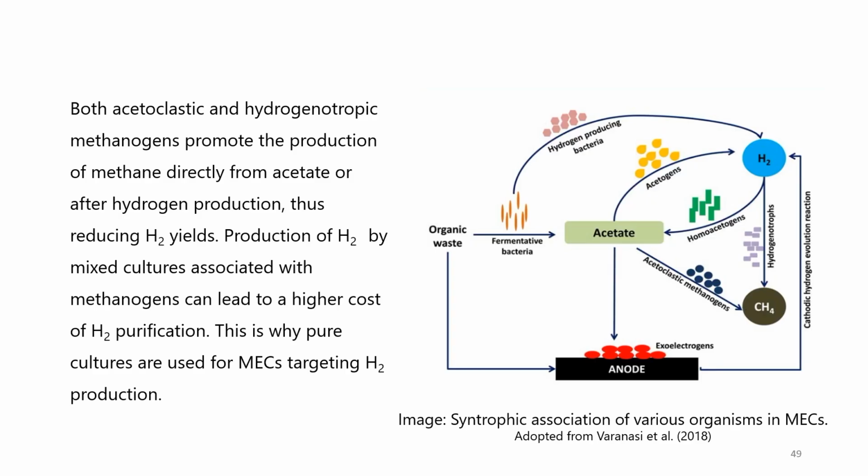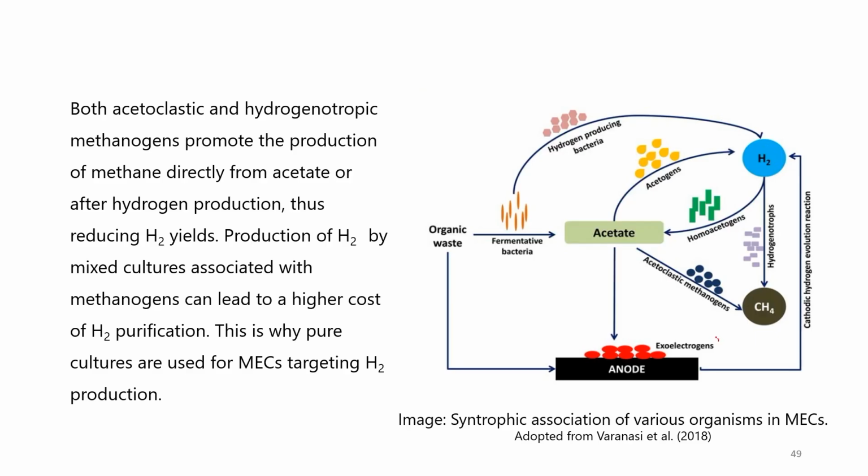Production of hydrogen by mixed cultures associated with methanogens can lead to a higher cost of hydrogen purification. This is why pure cultures are used for MEC targeting H2 production.